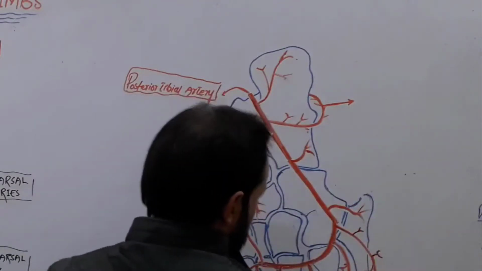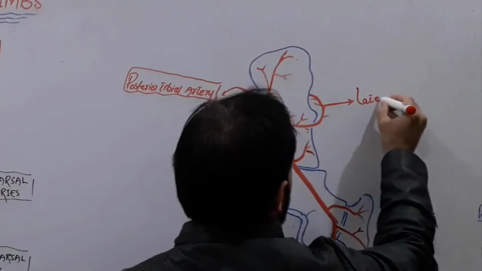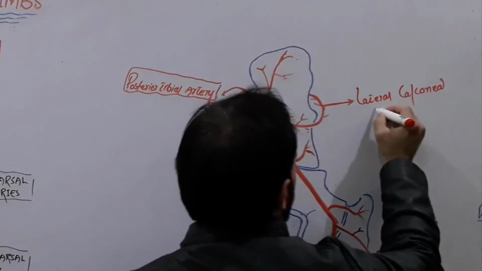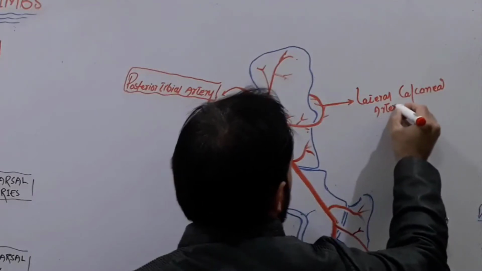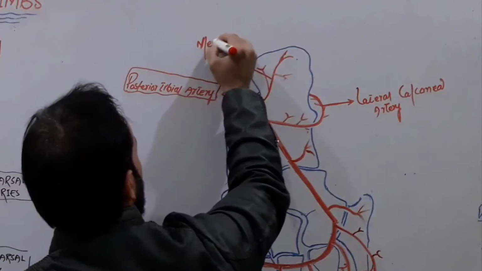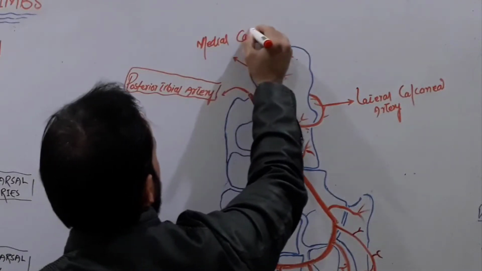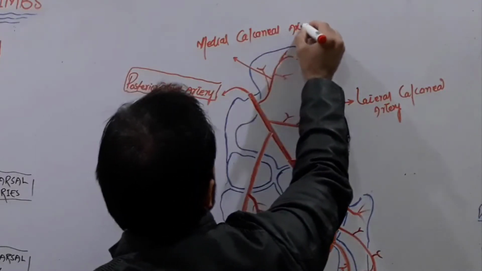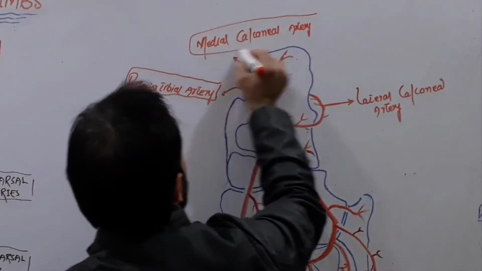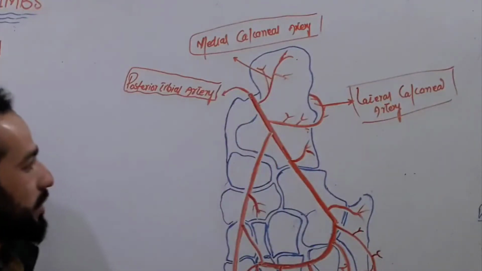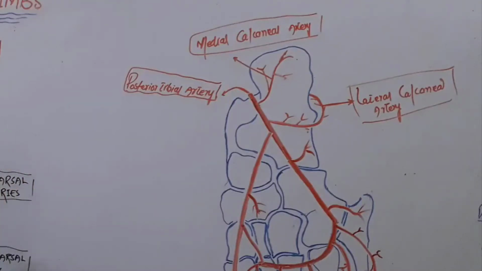So this is our lateral calcaneal artery, and this will be our medial calcaneal artery. These branches make anastomosis with the lateral and medial branches from the anterior tibial artery and from the fibular artery.